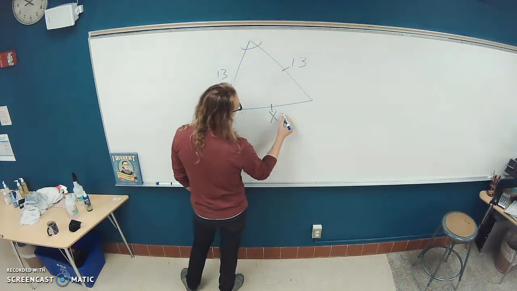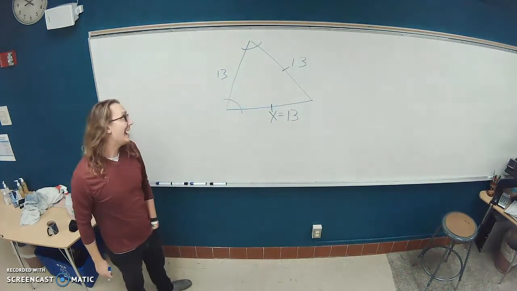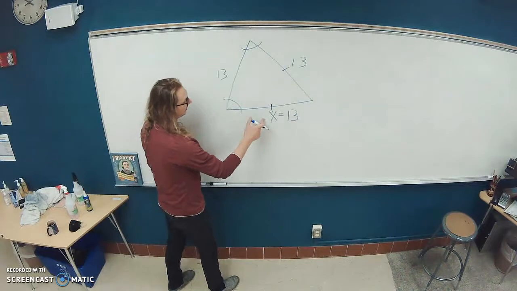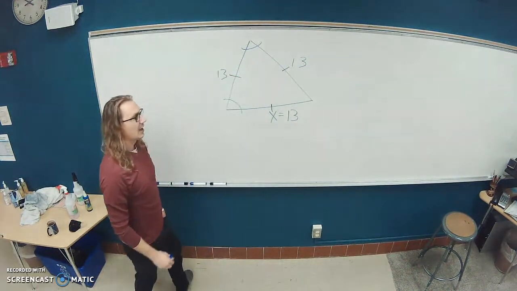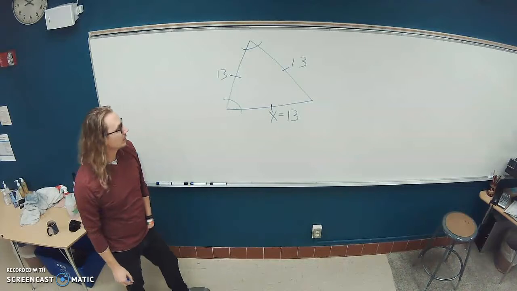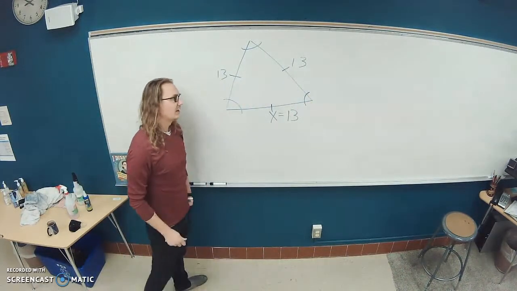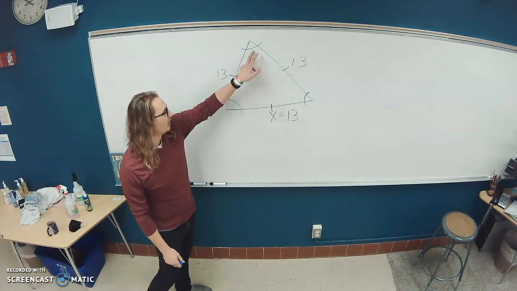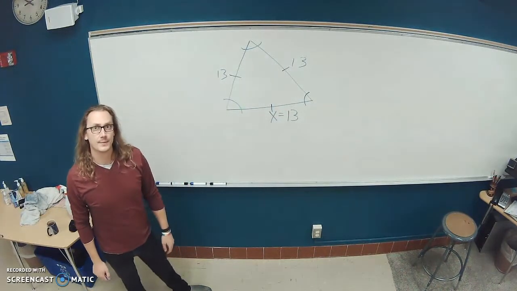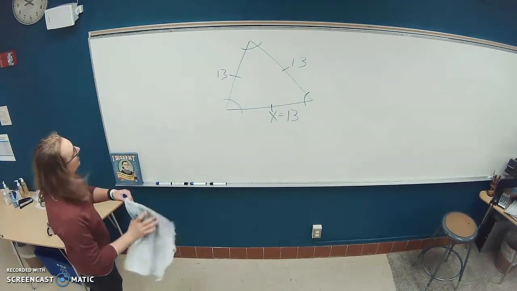So x is 13. Not only that, but because I know that this is 13, and this is a 13, and the third side is also 13, I know that all of my sides are congruent, which means all of my angles are congruent. And I have an equilateral triangle, which means all of my angles will also be 60 degrees. Okay? Let's look at just a couple more here.